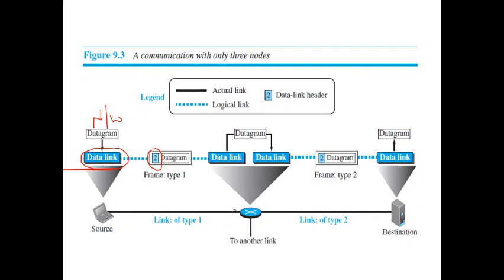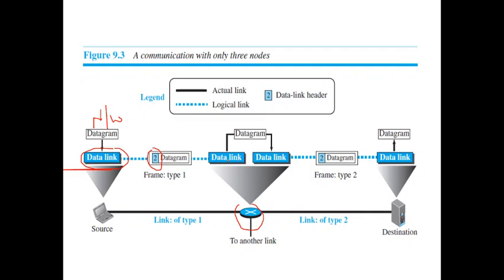Once this router receives the data from the physical layer, it processes the header and identifies the next device where it has to forward the datagram. That is why, as I told in the previous diagram, this router or intermediate device will have two data link layers.